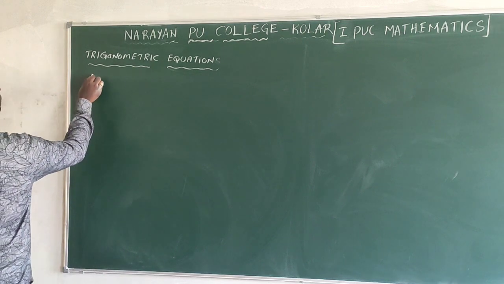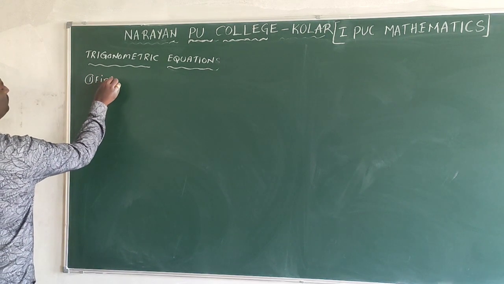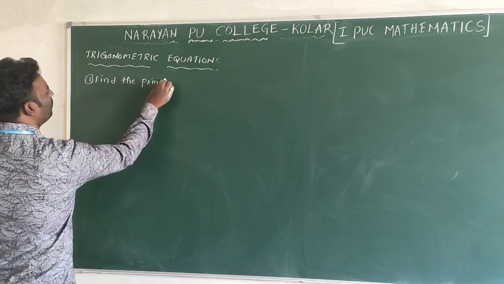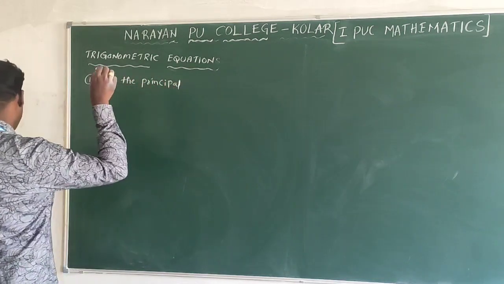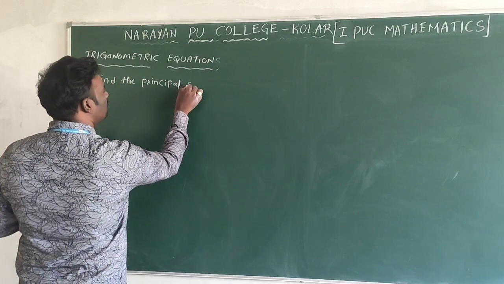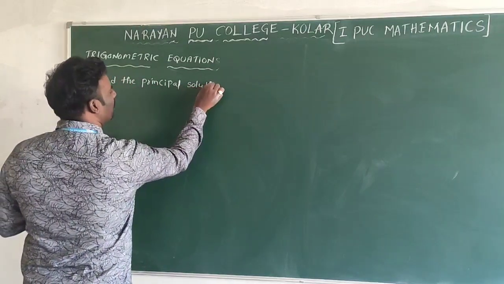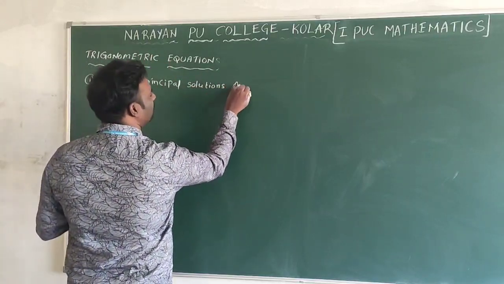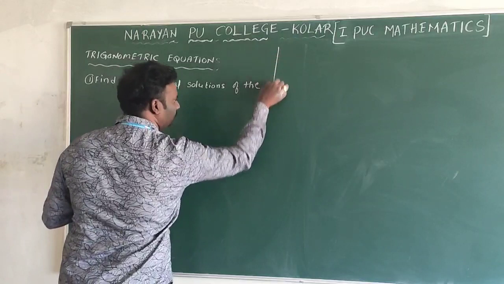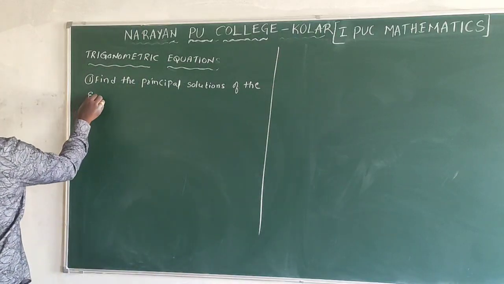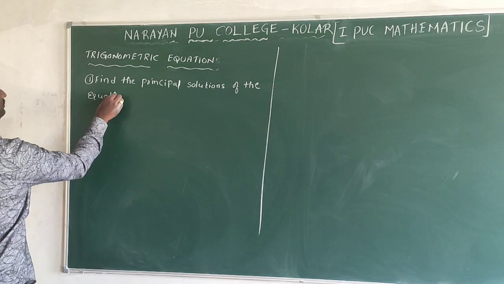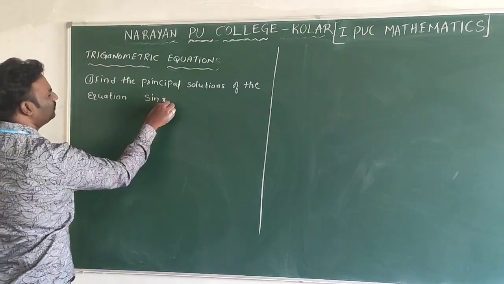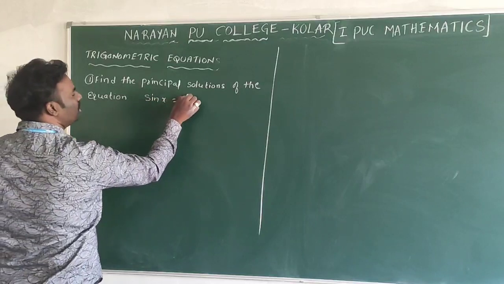First question. Find the principal solutions, because two will exist, of the equation sin x is equal to root 3 by 2.